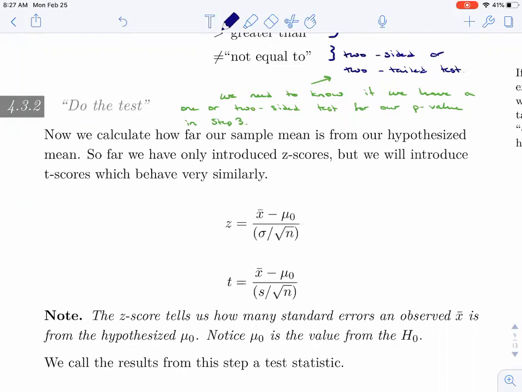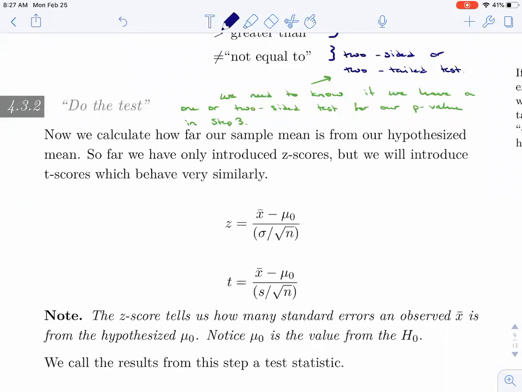Here, we're pretending to know the population standard deviation, which I'll get into later, but it doesn't really make sense. And so in practice, we're just going to calculate t-scores. But for this course, I have to teach you how to use z-scores, and they're kind of like training wheels.